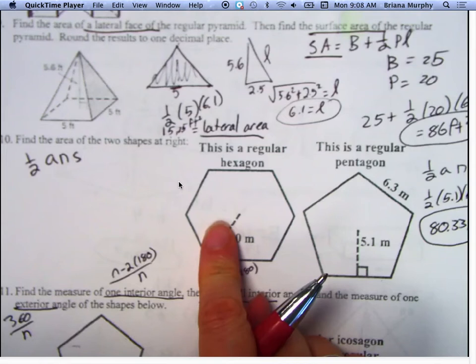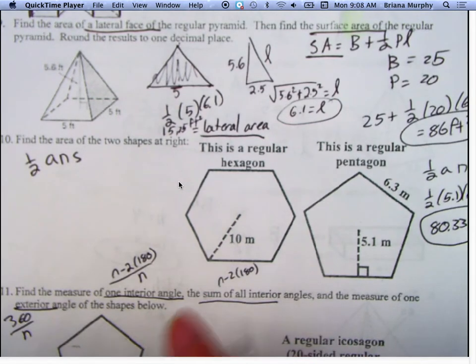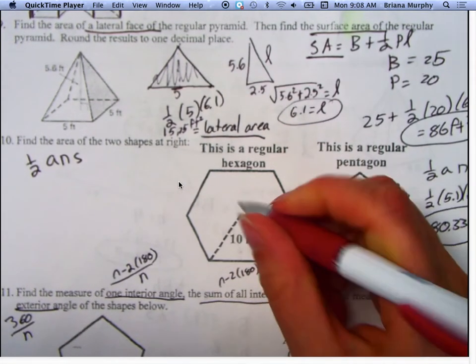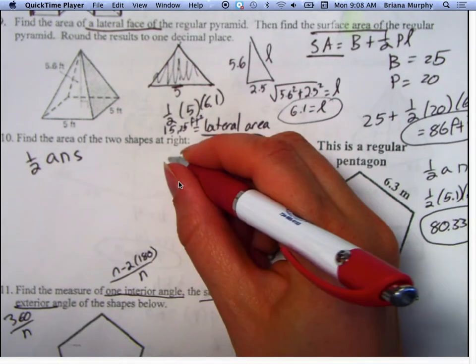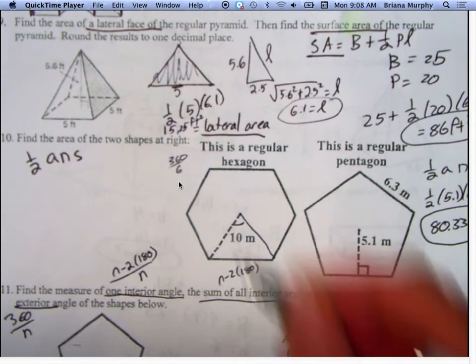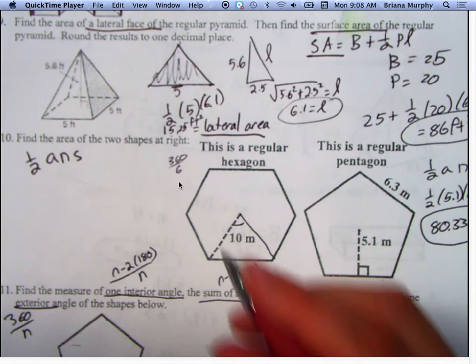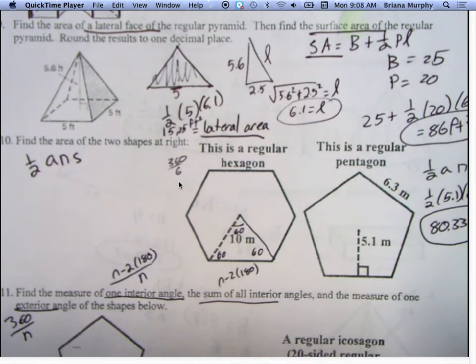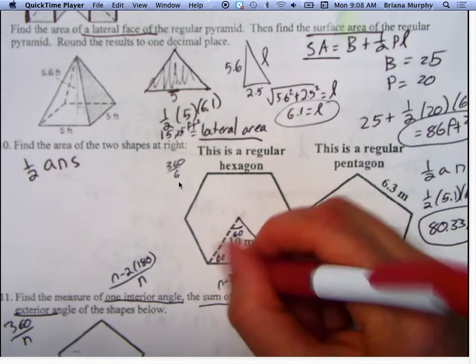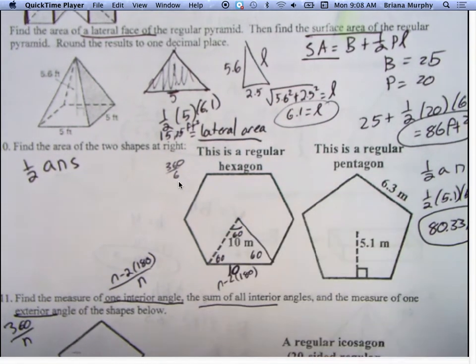This next one is a little more complicated. So the first thing I think about is, okay, I'm making a triangle, and I want to find that central angle, so I do 360 divided by 6. What do I get? I get 60, right? Oh, wait, 60 means this is an equilateral triangle. If this side is 10, so is this side on the bottom.